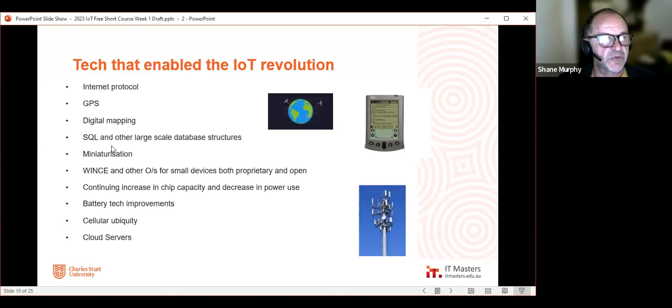The other thing that happened was that you got large-scale database structures, and SQL is the one that tended to be the winner out of all of those, because there were freeware versions, there were paid versions, but essentially SQL was SQL. It all had different things, and people didn't like using other different types of SQL, but it tended to be the system that people settled on for making an Internet of Things application, because you could scale it up to quite a big size.